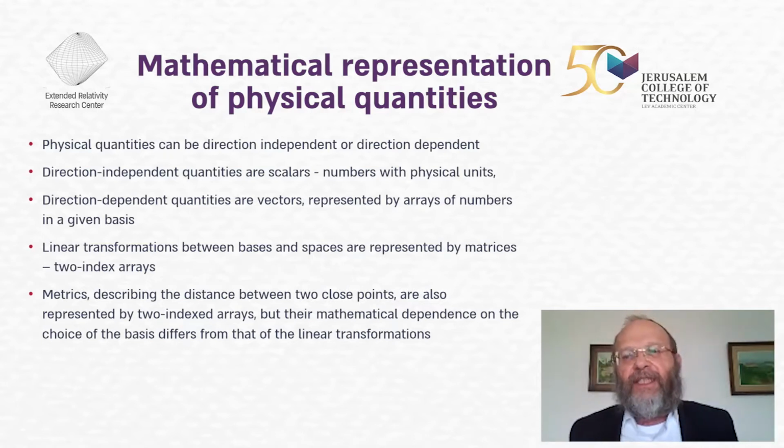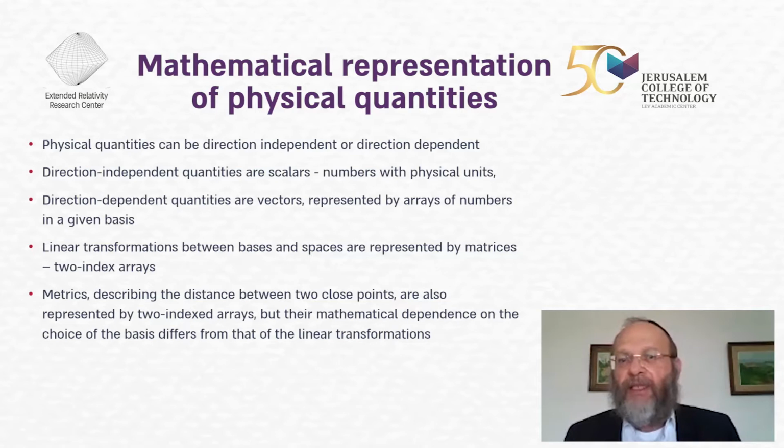You have to consider at each point how to translate from the distance on the map to the distances in reality. That is done by a metric, describing the distance between two close points, also represented by two-indexed arrays, similar to matrices.